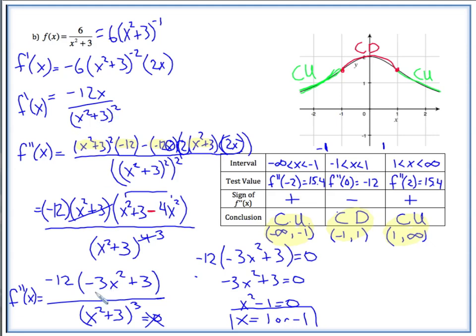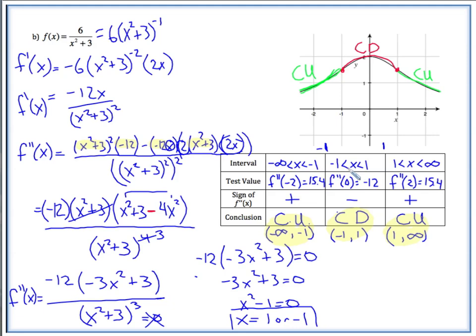Then the new stuff today was just setting the second derivative equal to 0, so that would be where the numerator equals 0, and then we can see here that we get x equals 1 or negative 1. Now those guys end up being our testing intervals here at negative 1 and 1.